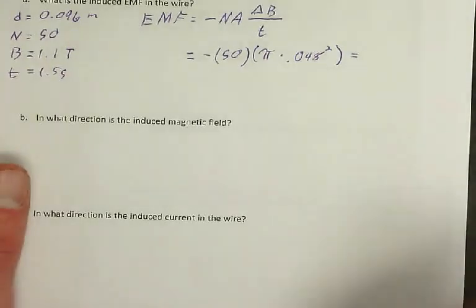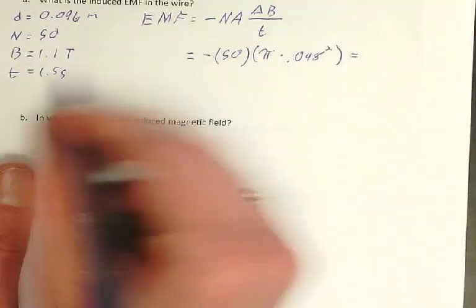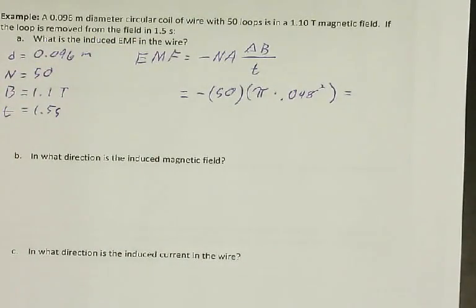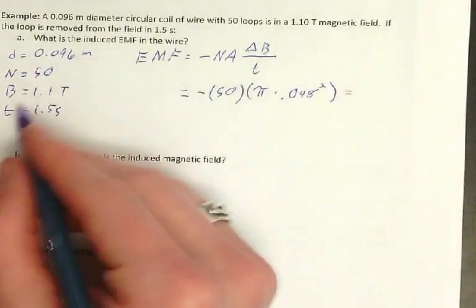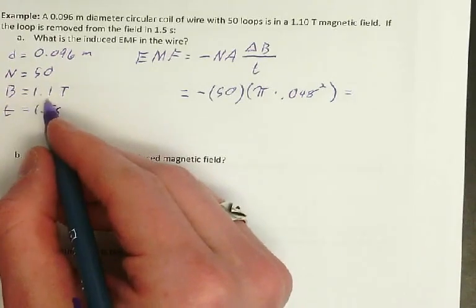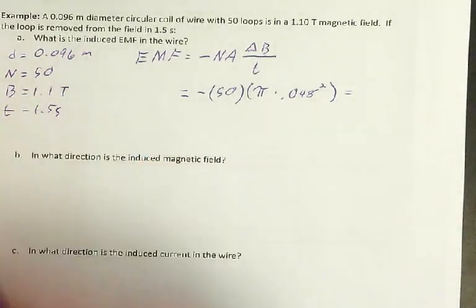Okay, and it's the change in magnetic field. It says it's removed. If you see the word removed, that means the field goes down to 0, so all the way out. That means the change in magnetic field is 1.1 Teslas, because it changes from this to 0.